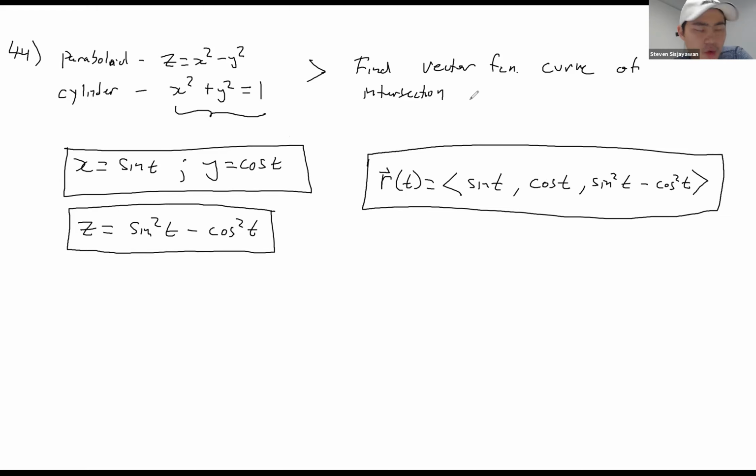I have one more question dealing with curves of intersection. So let's go on to number 43. Again, same exact question where you're trying to find the vector function of the curve of intersection.